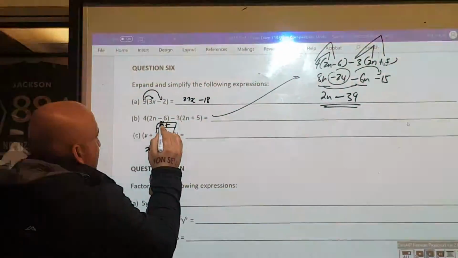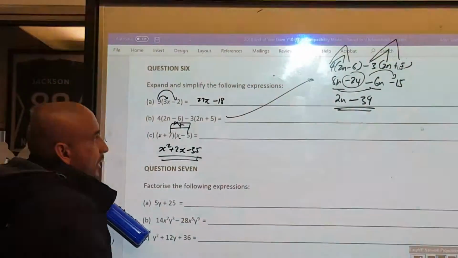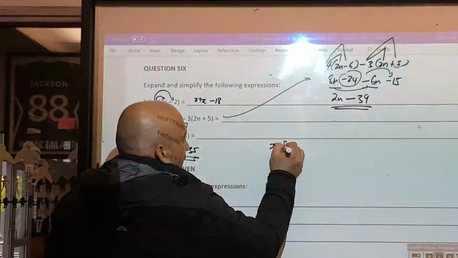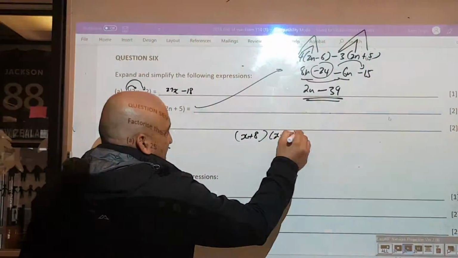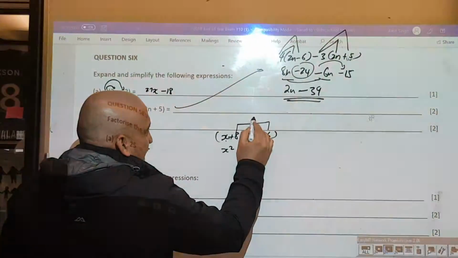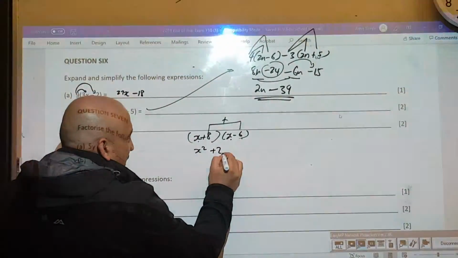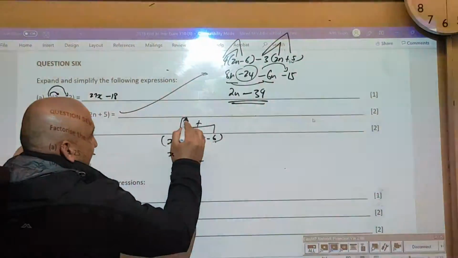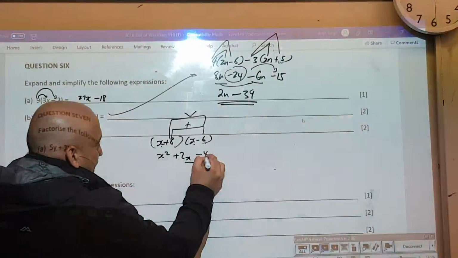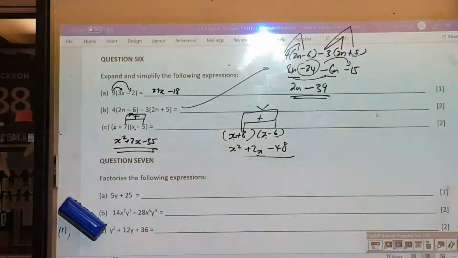Then 7 times negative 5, which is negative 35. If I give you, say, x plus 8, x minus 6: x squared, then 8 plus minus 6 is plus 2, and place an x there. Then 8 times minus 6, which is minus 48. This is the way I taught you. Cool?